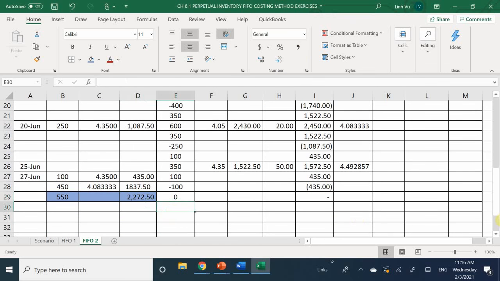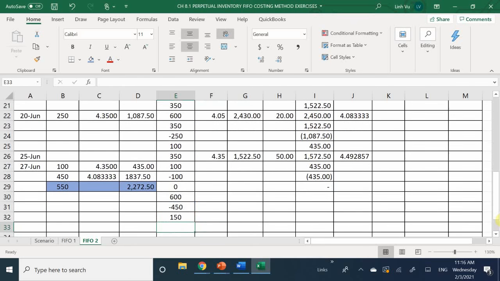Okay, so now I'm going to pull the information again from the 600 that we purchased minus the 450 to give us a grand total of 150.